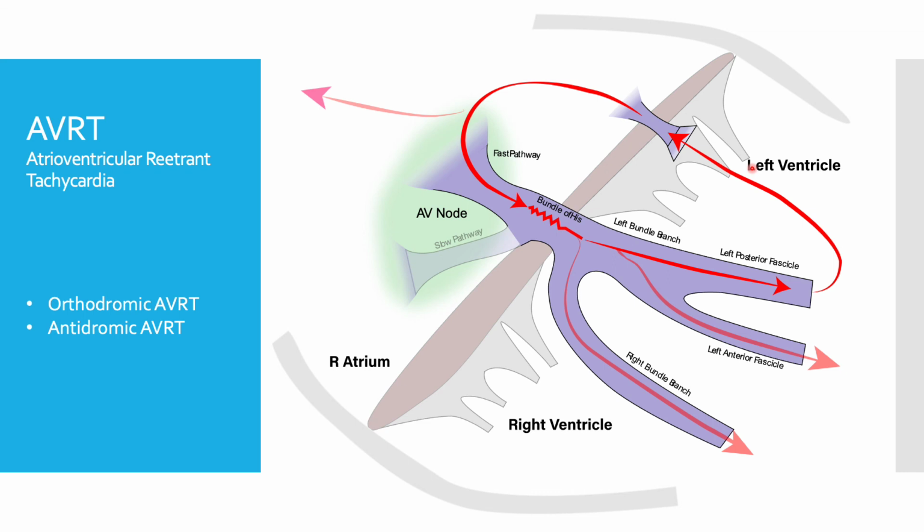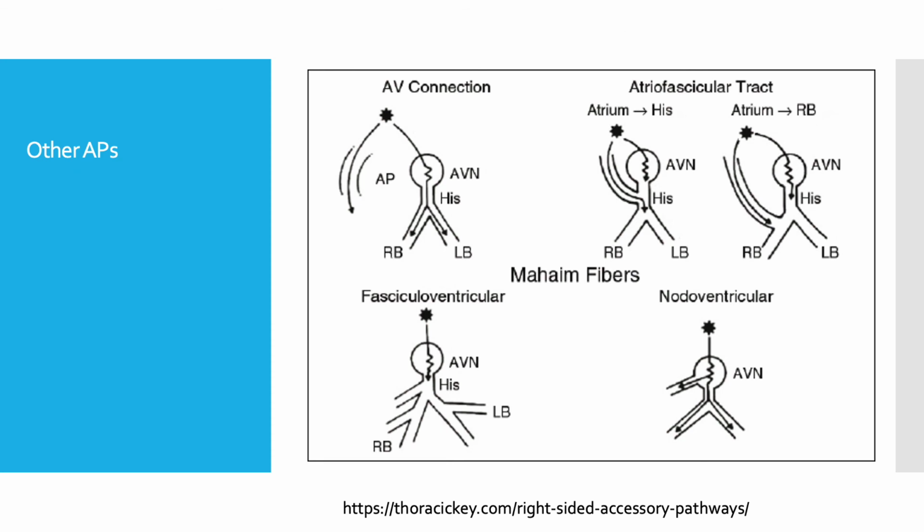Hence, the QRS is usually wide, maximally pre-excited, and usually not included in a differential of a narrow complex tachycardia. It is important to note that there are multiple types of accessory pathways, and some insert directly into different parts of the conduction system, and discussing these pathways is outside the scope of this talk.